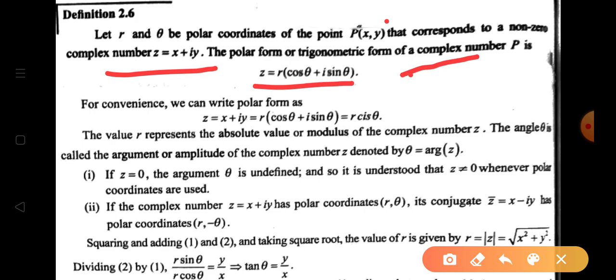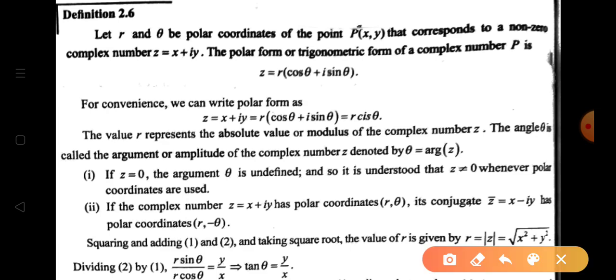For convenience, we can write the polar form as z equal to x plus iy, that is equal to r into cos theta plus i sin theta. We are going to write r into cis theta. Cis theta means cos theta plus i sin theta.